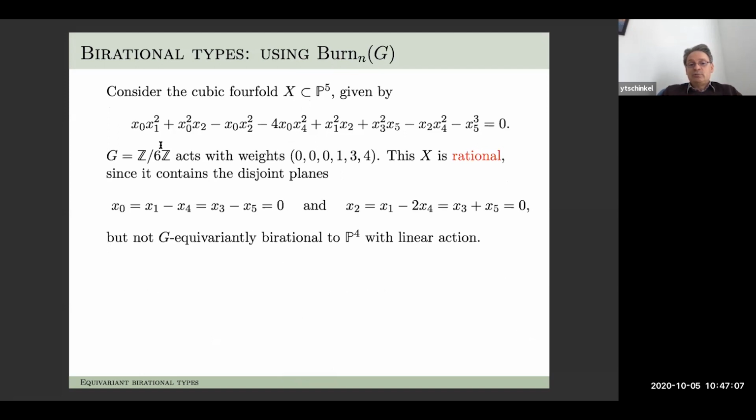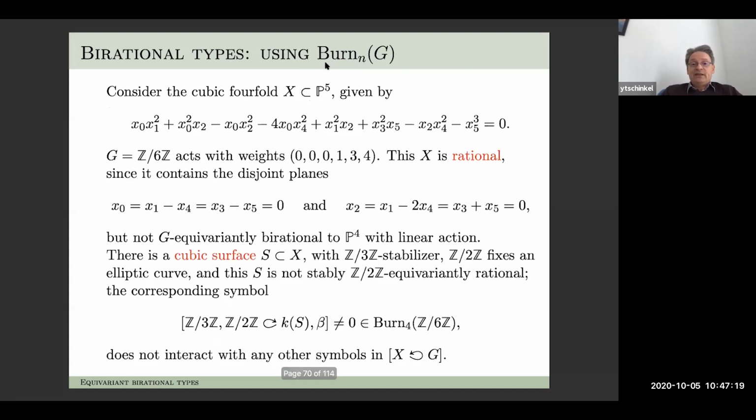There are two disjoint planes on it, given by these equations. And we have a Z mod 6 action with these weights. What happens here is that we're going to use that invariant Burn_n of G, the more sophisticated invariant, where we take into account not only loci with maximal stabilizers, but loci with stabilizers proper subgroups.